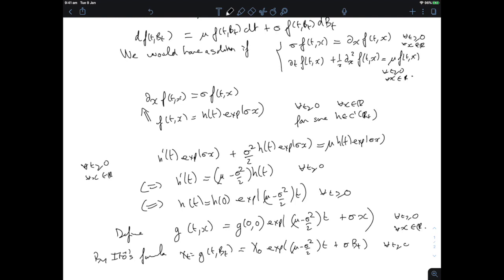This particular process is a solution to the SDE dX_t equals mu X_t dt plus sigma X_t dB_t. And we will see a bit later when we do the uniqueness theory that this solution has to be unique. So that's it. For this particular SDE, we have an explicit solution here.